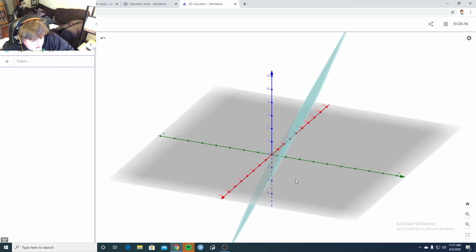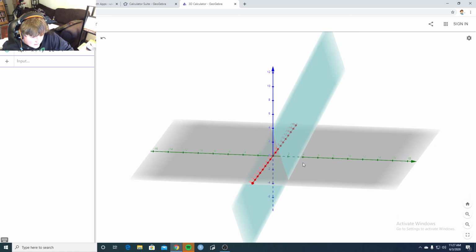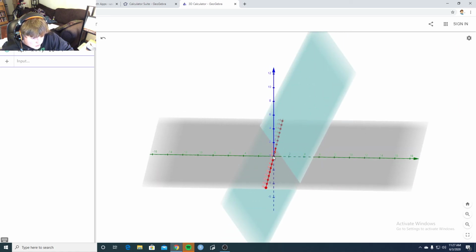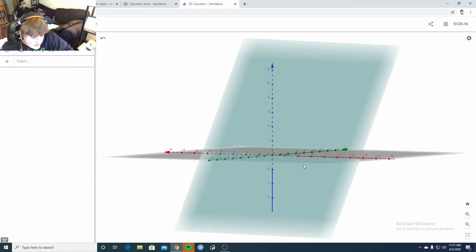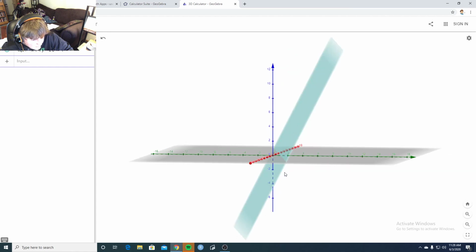For example, we can see that it's crossing the x-axis at -4, and as you can see, it's dashed behind, so it's kind of hidden behind my plane. Okay, and so then also it's crossing at what looks to be 1, right, about halfway between 0 and 2. And then also, where's it cross the z-axis at? Like -2, okay, which is where, you know, kind of that cutoff point is there.